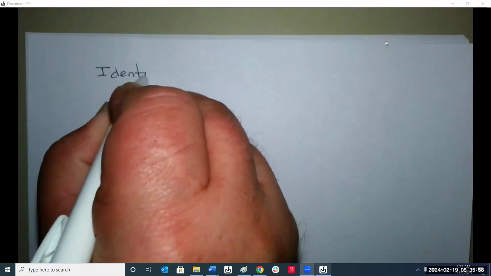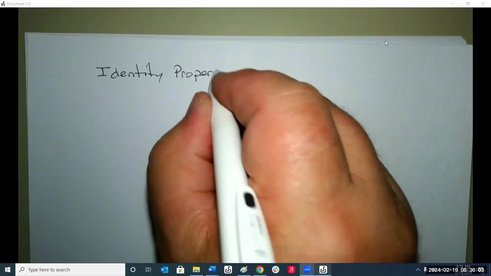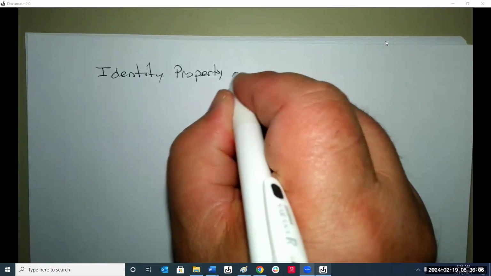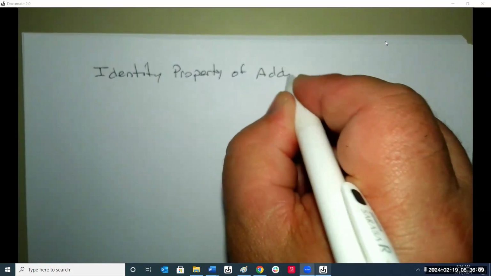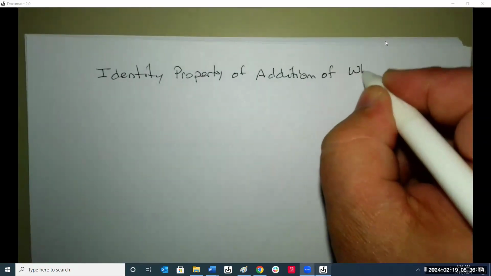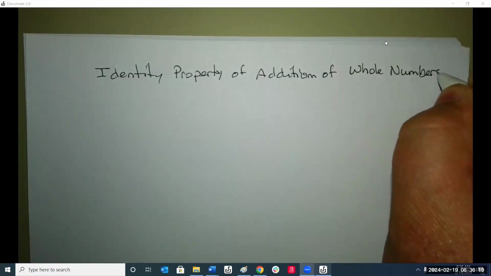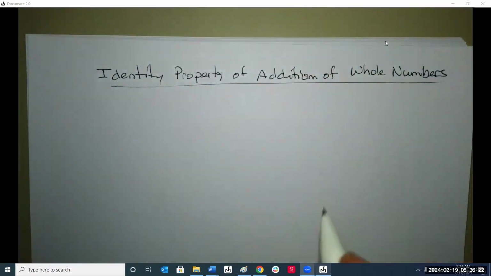The next property, the identity property of addition of whole numbers. We have to discuss what identity means.